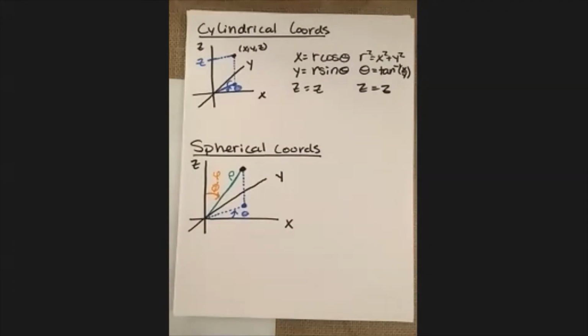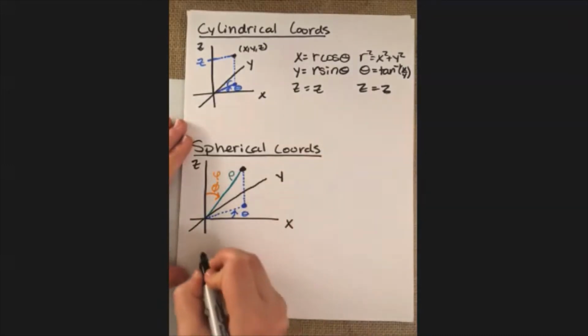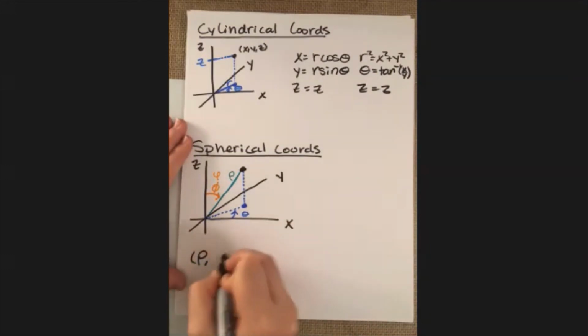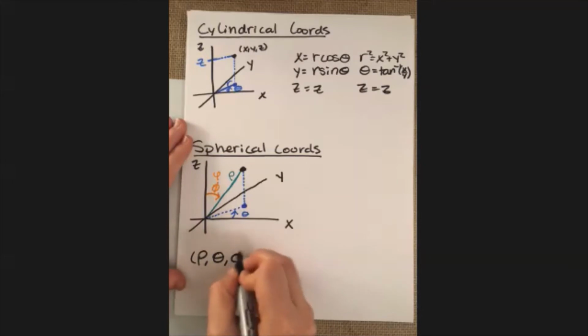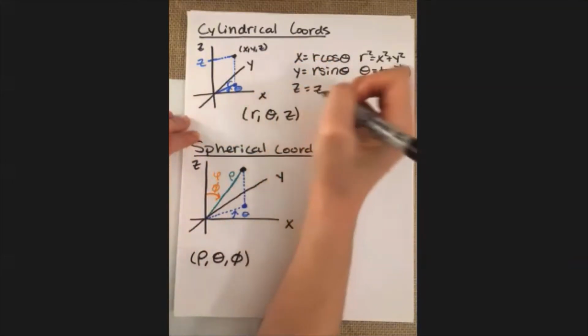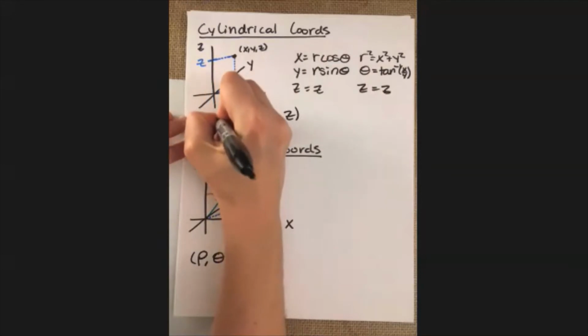So anyway, we can put all this information together to get our x, y, and z, or to be able to convert the x, y, and z coordinates over to this. And what you wind up with out of this is going to be an ordered triple rho, theta, and then phi. And I guess I should have mentioned up here, you get r, theta, and z instead of x, y, z.